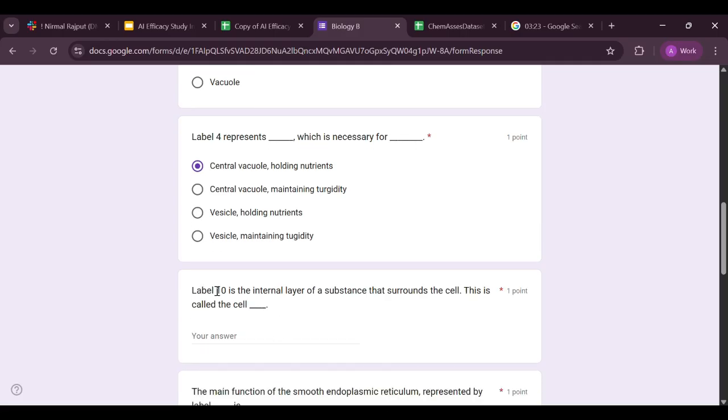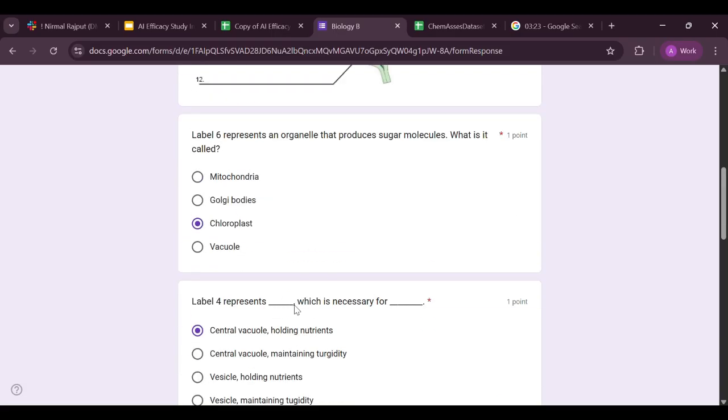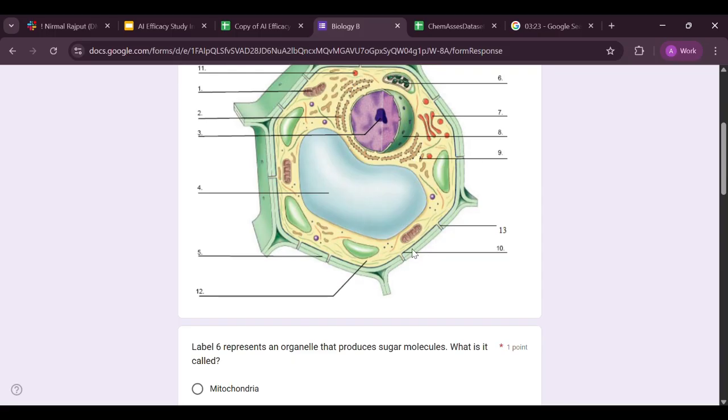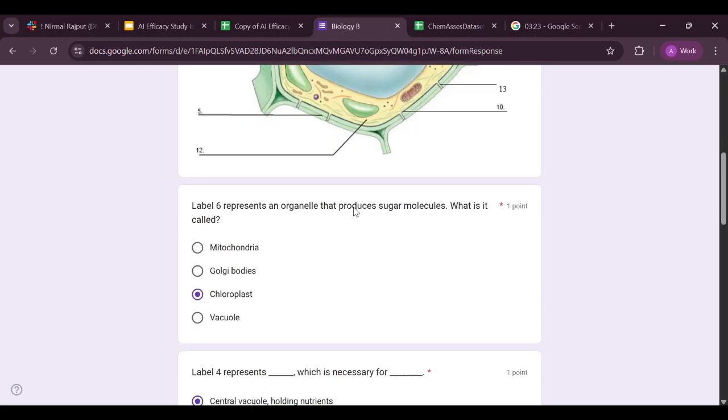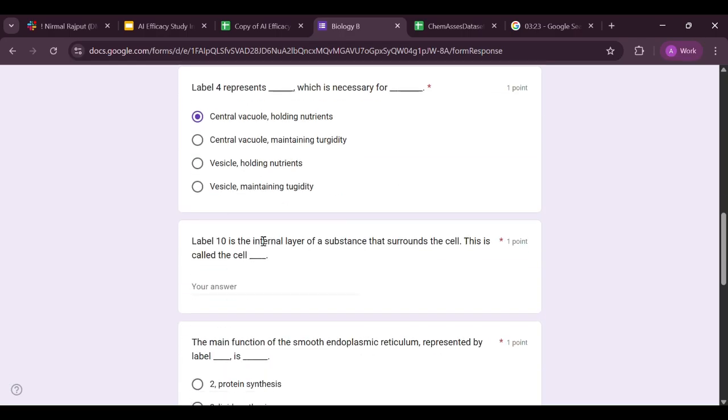Label 10 is the inner layer of a substance that surrounds the cell, called the cell... It looks like a cell membrane to me, so I will go with membrane, as the initial word cell is already written.